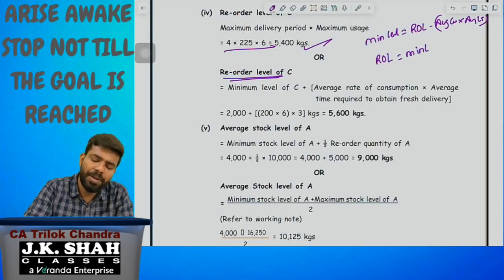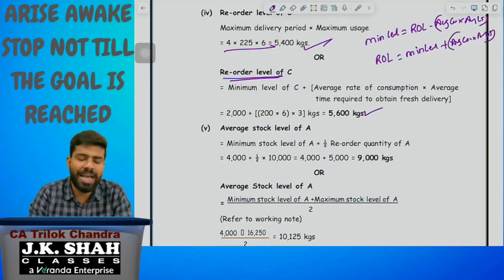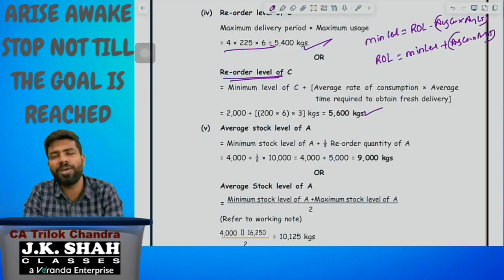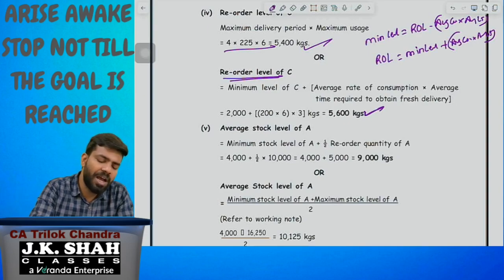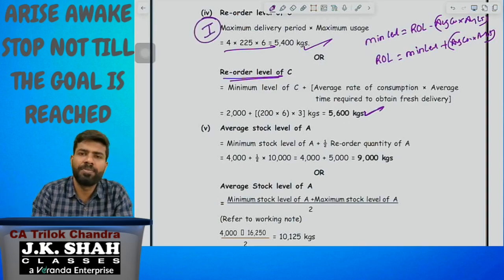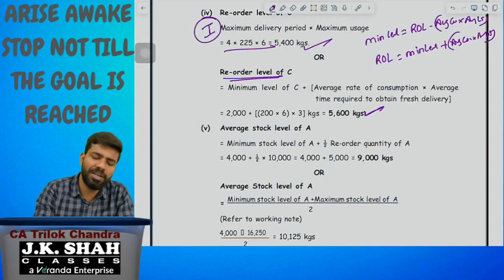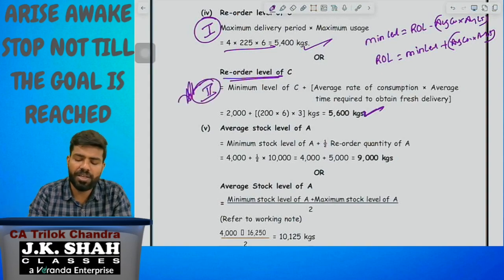Now minimum level plus average consumption into average lead time. The quantity changes. As I told you, it is not the derived formulas to get the same answers. All are logical. All are general understanding. So here it is 5600. Normally, always preferable thing is this. Sometimes if the information does not support, we can go by the alternative method. This is the alternative method. So they are presenting alternative solution also.